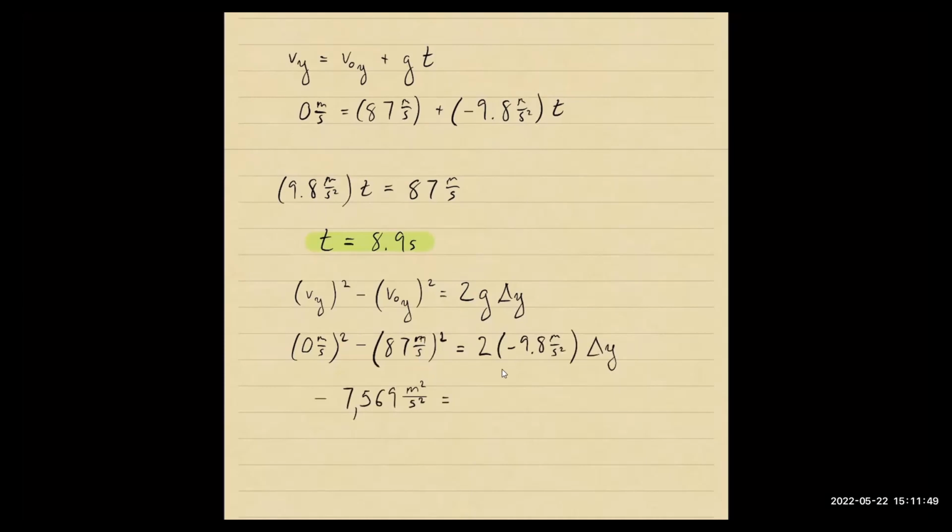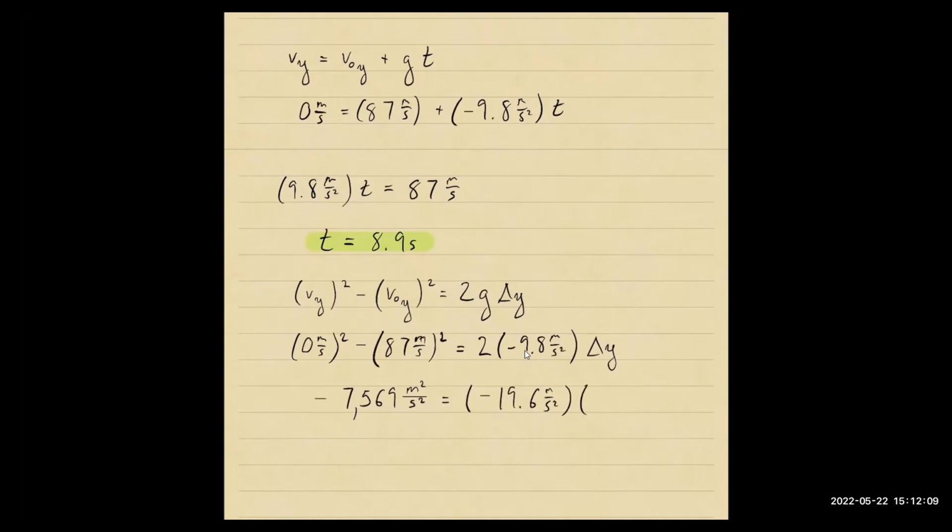So on the right-hand side, we have 2 times negative 9.8 meters per second squared. That's going to be minus 19.6 meters per second squared times our displacement delta y.